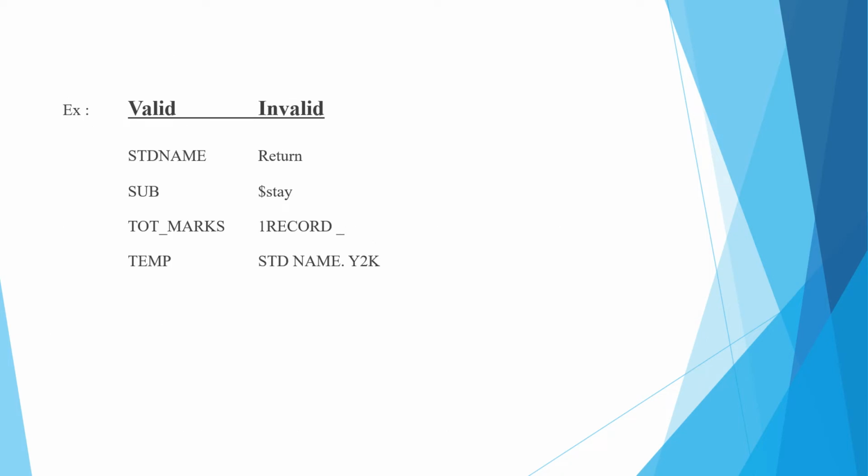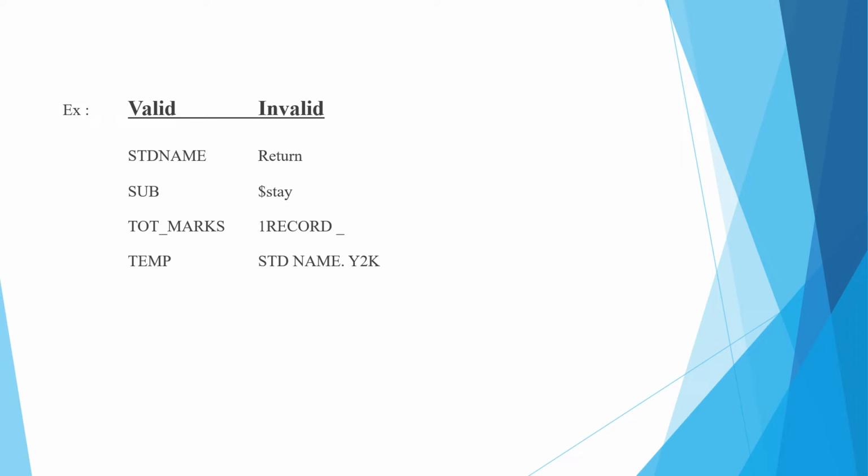These are some examples of identifiers. Which are the valid ones and which are the invalid ones? Valid examples of identifiers are std_name, that is student name, sum, total_marks, and temp. All valid identifiers satisfy the rules for forming an identifier.